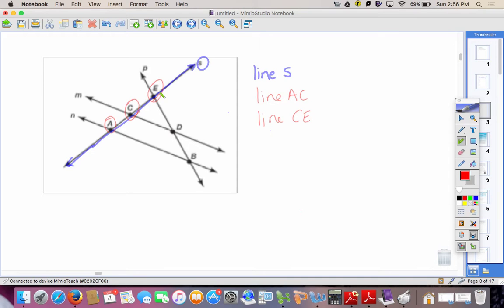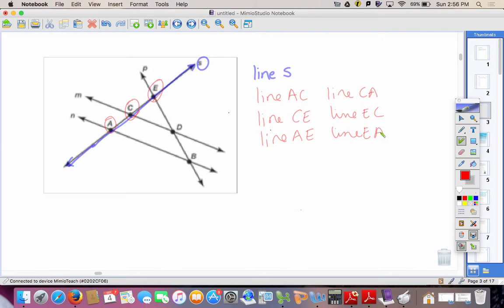I could say this is line AE. That also works. So I have multiple representations of this. Now, could I go backwards? Yes. This is the same thing as saying this is line CA, or line EC, or line EA.